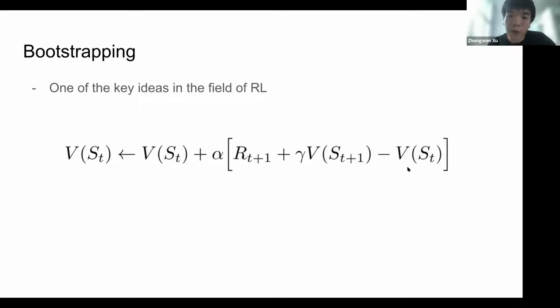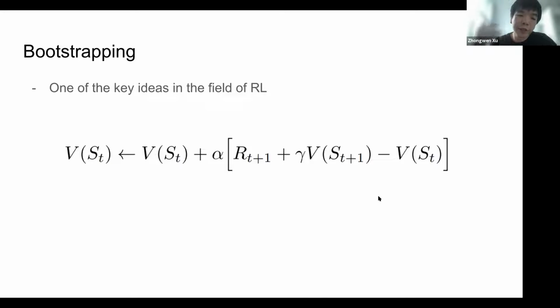To learn the current estimation at time step t, V of s_t, it uses the value function itself, but on the next time step. It uses the same inaccurate value function applied on the next time step, and uses this discounted sum as the target to learn the current values.